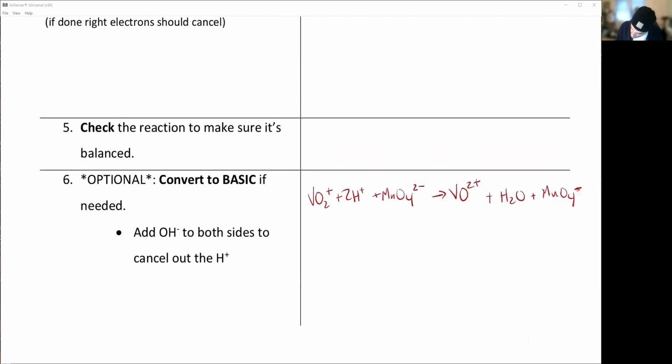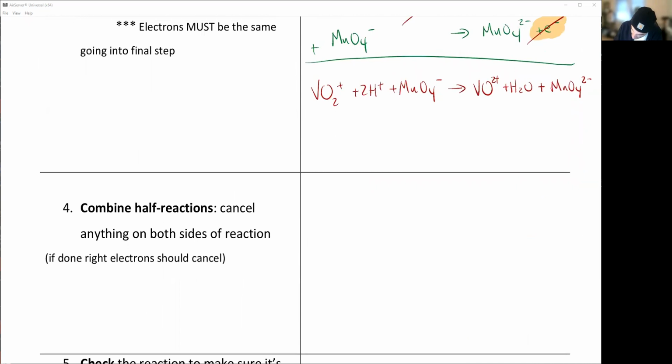So this right here was my acidic balancing. So this right here is it being balanced, right? Everything worked out. This is acidic. Great. That's it. That's the end of it. If it asks for acidic balanced, there you go.